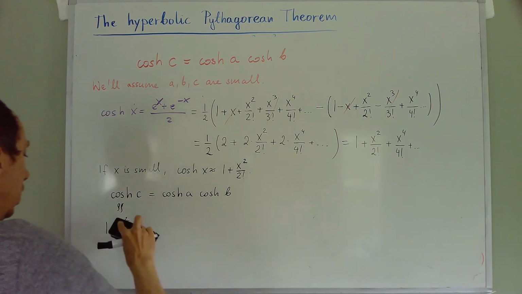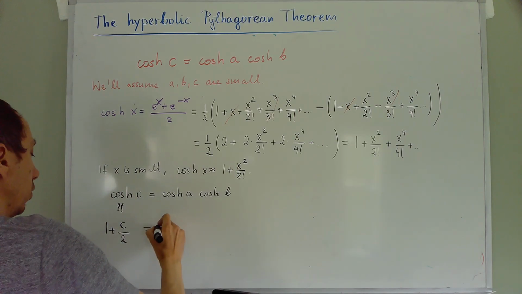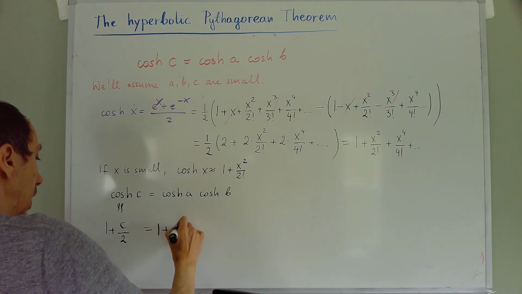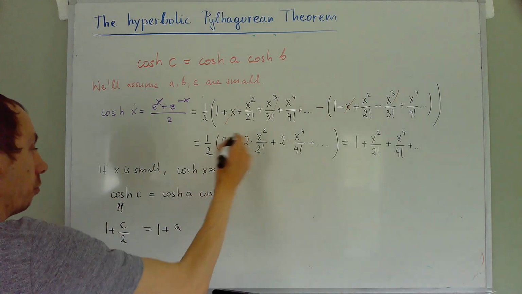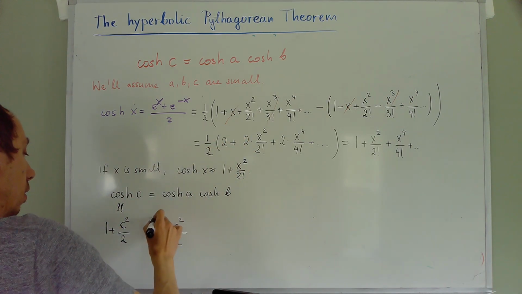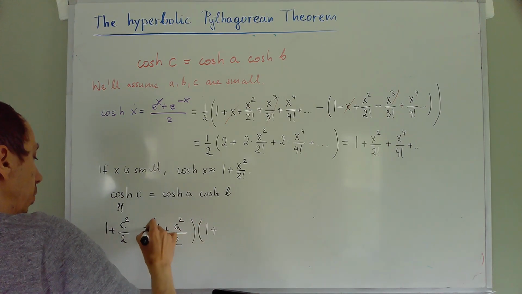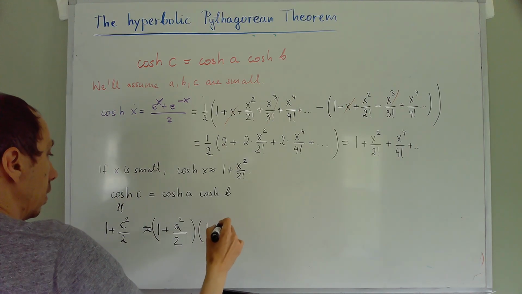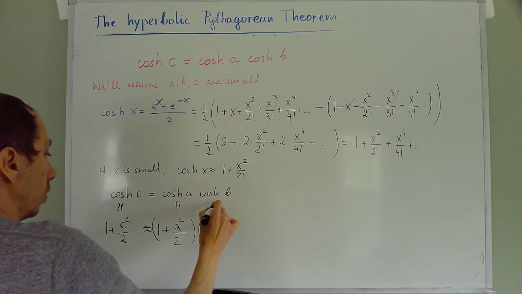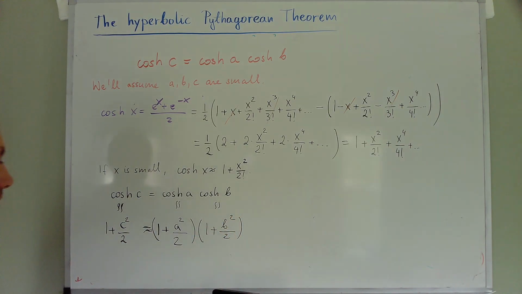Sorry, not x, but C in this case, and I forgot the square, right? It's C squared over 2. This is equal to 1 plus A squared over 2, times 1 plus B squared over 2. That's all approximate here.